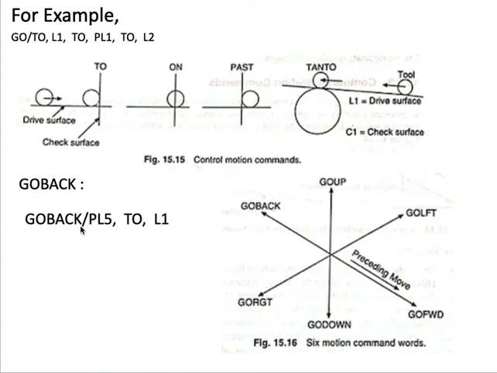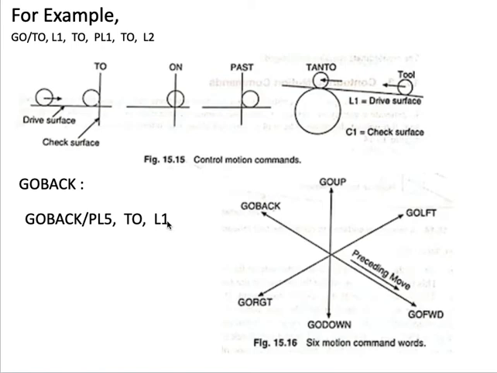If you say GOBACK/PL5, TO, L1, the tool moves on the drive surface PL5 until it reaches L1. The tool moves on the drive surface, that is PL5, until it reaches L1.